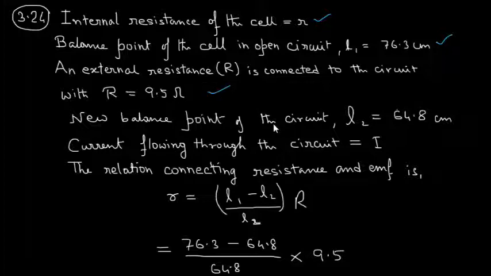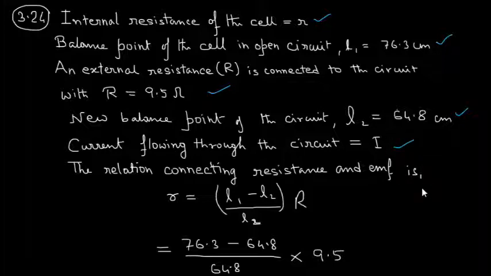New balance point of the circuit, L2, is equal to 64.8 centimeter. Current flowing through the circuit is equal to I.